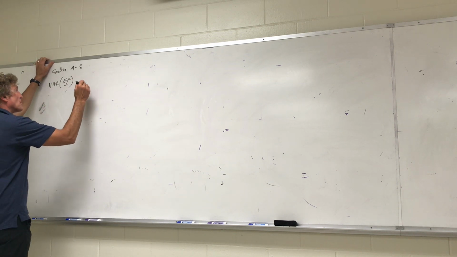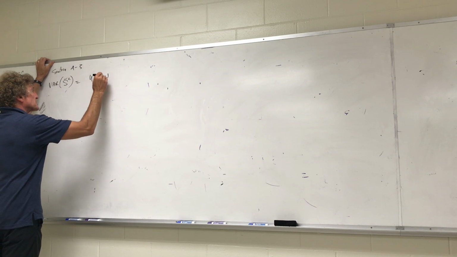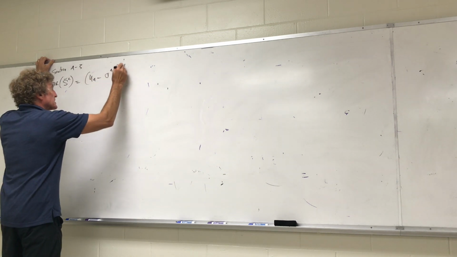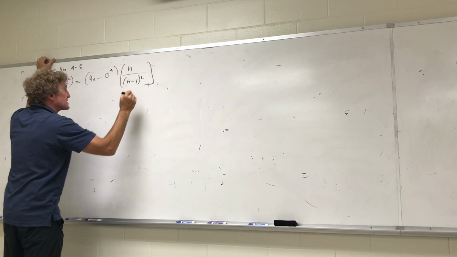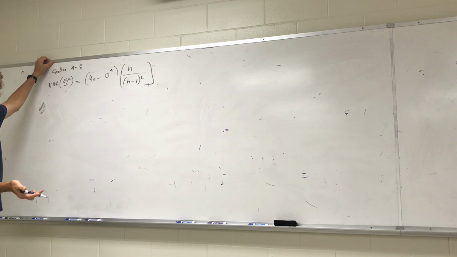This has the form of u to the fourth minus sigma to the fourth, and then it's times n over n minus 1 squared. Now you can see as n gets very large, and this is the sample size, that becomes n over n squared, or 1 over n. And then it starts looking like u to the fourth minus sigma to the fourth over n. And that would be a biased value of the variance. The variance of the variance.